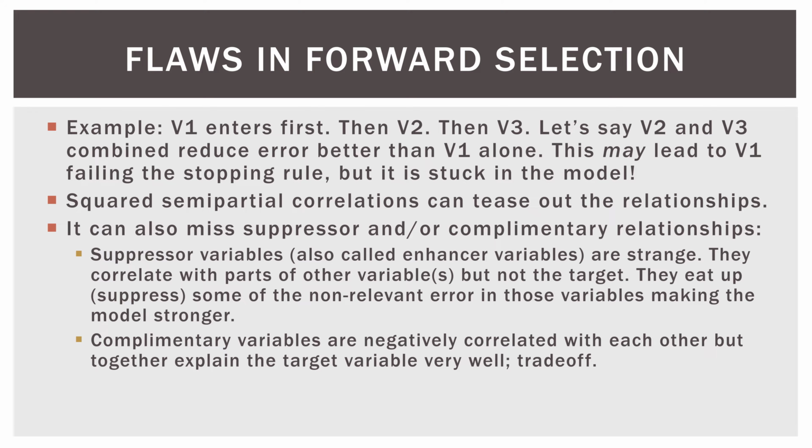If someone begins to type faster and faster, they tend to make more errors and misspell things and hit other keys. There's sort of a sweet spot in there. Or like me, if I'm painting something in my house, I start to paint too fast, I start missing areas, I start spilling paint and throwing paint around and on the floor. So I've got to slow down to get the quality better. So complementary variables are things that offset, kind of a trade-off. And forward selection, the way it is constructed, can miss those relationships as well.